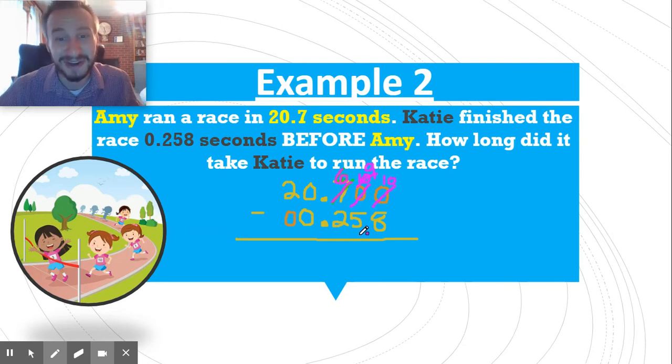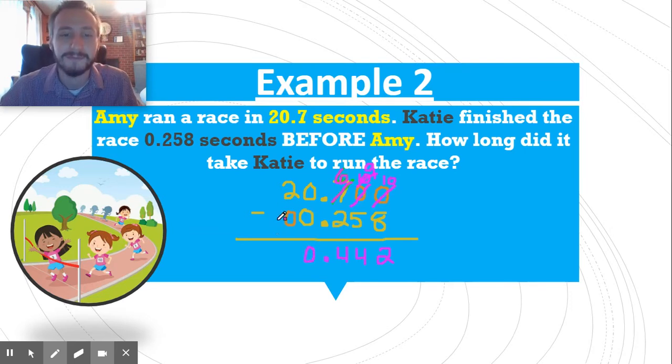Now we can finally subtract. What's 10 minus 8? That gives us 2. What's 9 minus 5? That gives us 4. What's 6 minus 2? 4 again. Let's bring down our decimal. What's 0 minus 0? Nothing minus nothing is just 0.